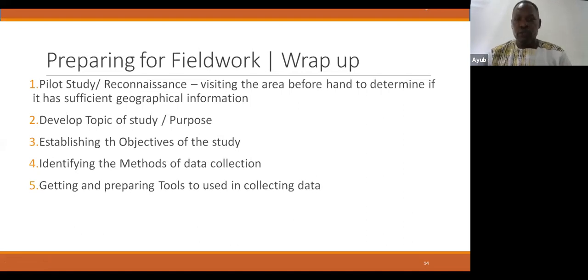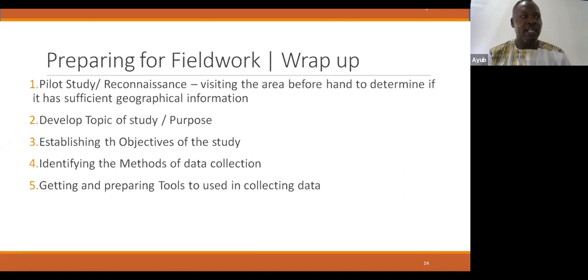What tools do we use to collect information? You must identify. When you said, I wanted to find out the problems facing Kasakut Sugar Estate, and I'm going to use the interviewing method, what tool?